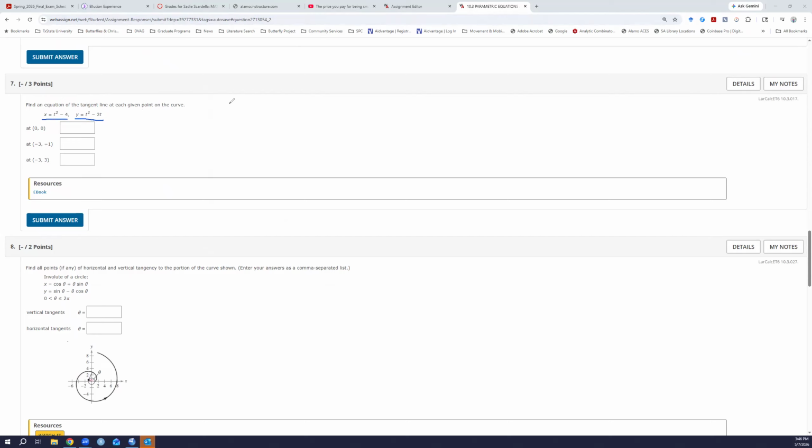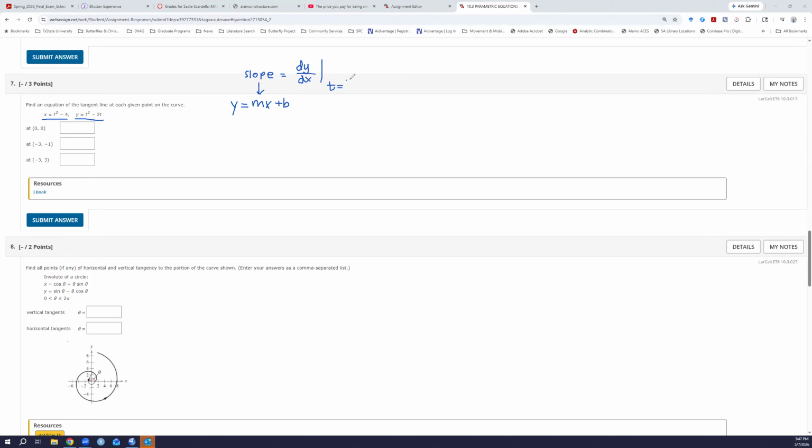So remember, the equation of the tangent line should be a straight line. It should be y equals mx plus b, where the m represents the slope of that tangent line, and that slope is going to be our first derivative, dy dx, evaluated at some value of t.